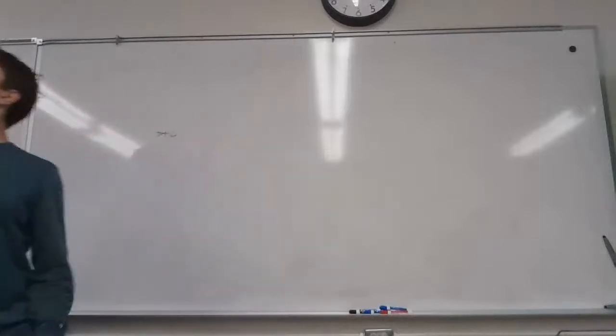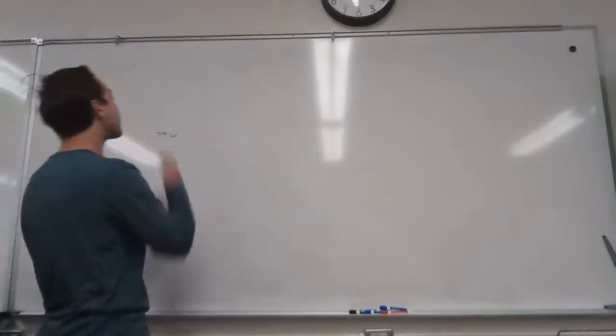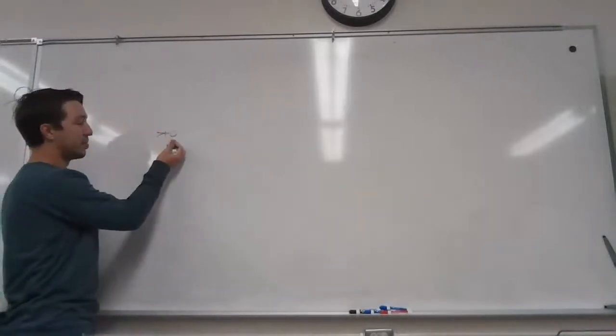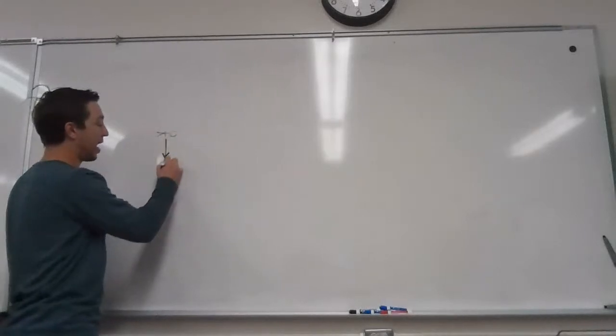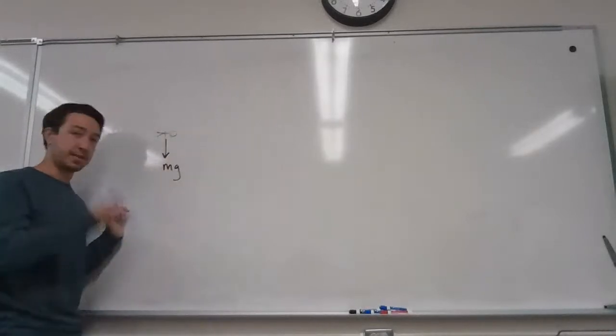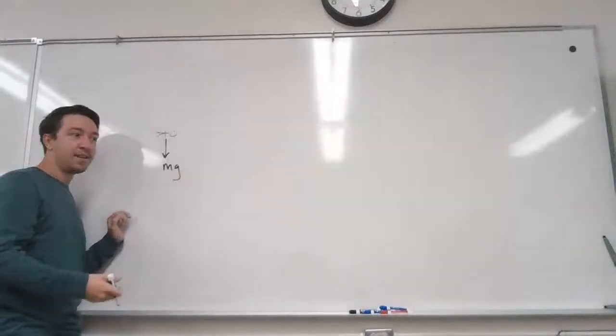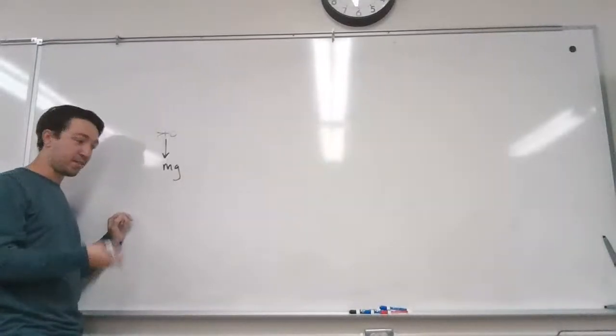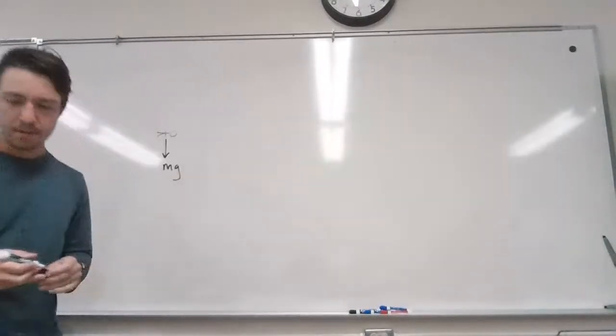There would just be one force. If you were on the moon, all you'd have is mg. And so you would accelerate and accelerate and accelerate, and you would just keep accelerating until you hit the surface.